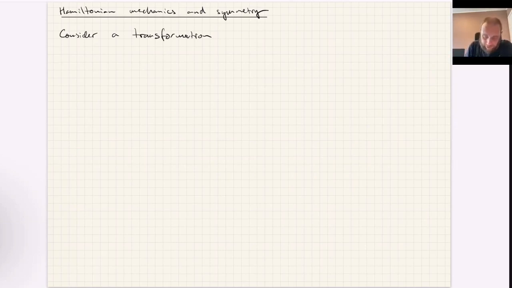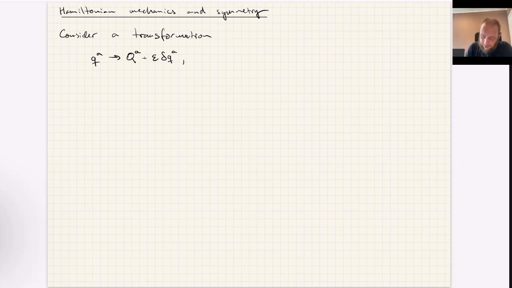So we consider a transformation of the generalized coordinates qa going to some new coordinate, and I want to have a continuous transformation, so I want to first consider the infinitesimal version of that, so QA equals qa plus epsilon times delta qa. It should be noted here that delta qa can be a function of both the generalized coordinates and the momentum.